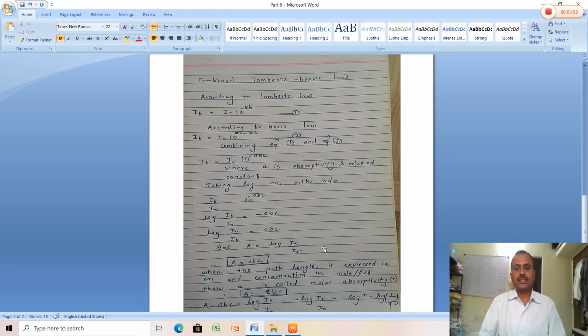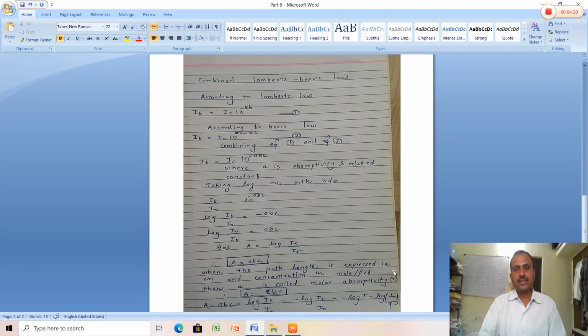When the path length is expressed in centimeter and concentration is expressed in mole per liter, at that time small a is called the molar absorptivity. It is indicated by the symbol epsilon. Therefore capital A is equal to epsilon b into c, small a replaced by epsilon. So epsilon is nothing but the molar absorptivity.